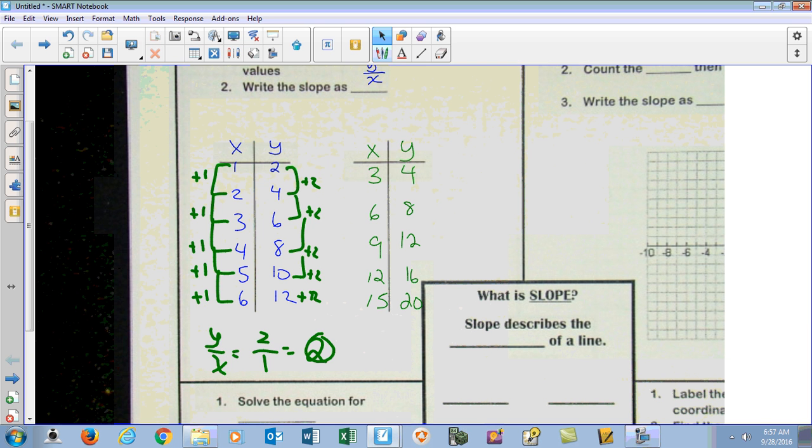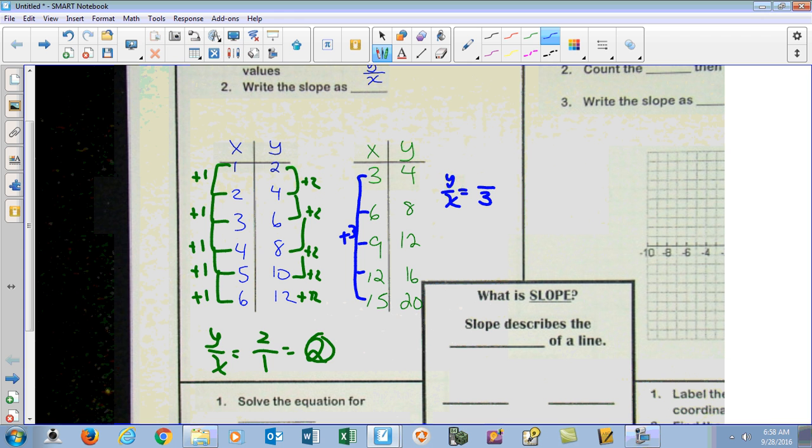If you notice your x column here, what are you noticing about every single value? From 3 to 6, 6 to 9, 9 to 12, and 12 to 15. What do you notice? Yep, everything is increasing by 3, right? So over here, our x is 3.